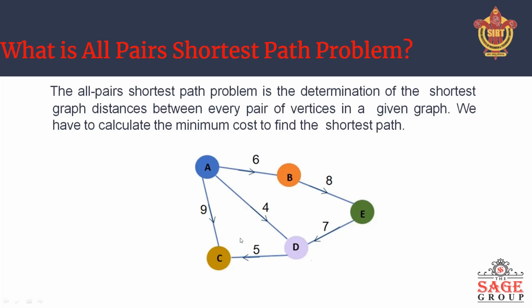As we see in this example, we have 5 vertices A, B, C, D, and E, and we have to find the shortest distance between AB, AE, AD, CD, meaning all edges. We have to find the shortest path between all of these.